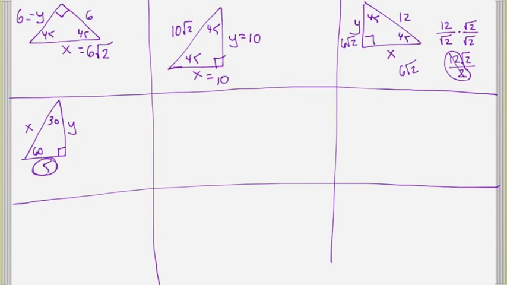Then our 30, 60, 90 pattern says that the hypotenuse is twice as long as the short leg. So how big will the hypotenuse be? 10. And is that x or y? X. So x is going to be 10. And our 30, 60, 90 pattern says that the longer leg is square root of 3 times as long as the shorter leg. So that's going to be 5 square root of 3.